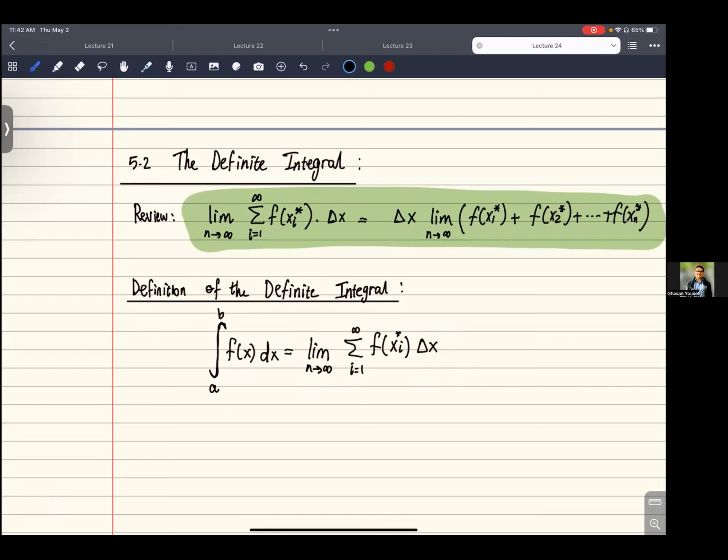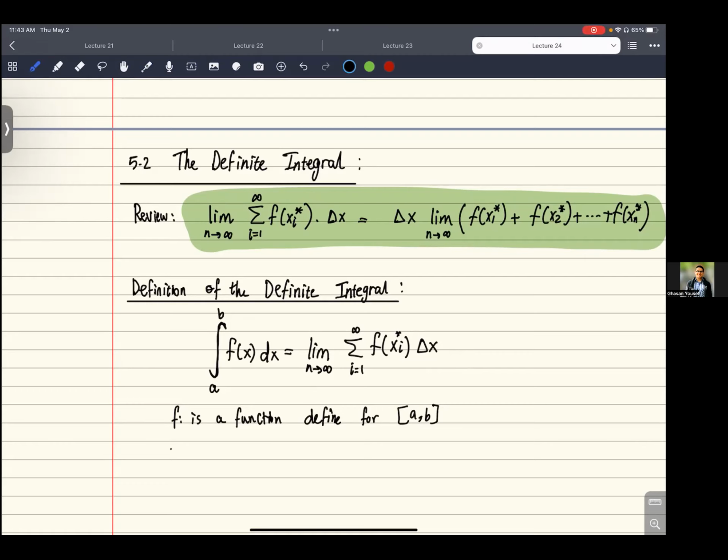But I'm going to define something here. I'm going to show you exactly what that is. Here f is a function defined for the interval a comma b. This is the first thing you should know.